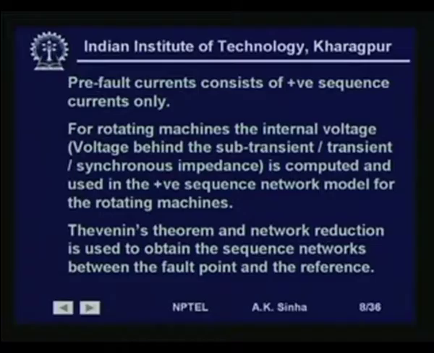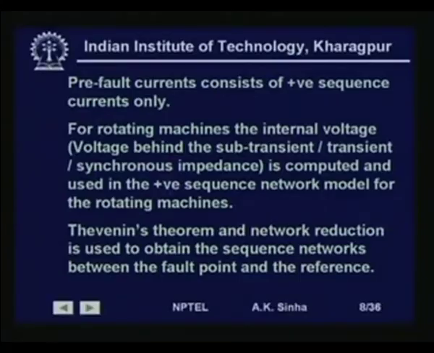Therefore, if they are uncoupled from the positive sequence network, they are dead networks and no currents can flow in them, and only positive sequence current flows in the system under pre-fault condition, that is, when the system is balanced.